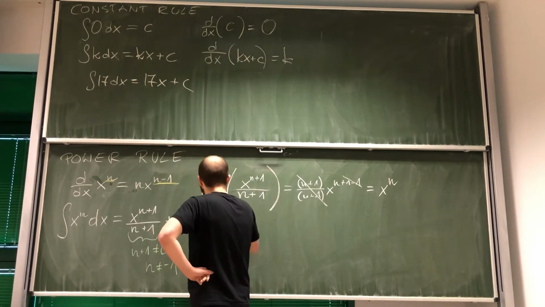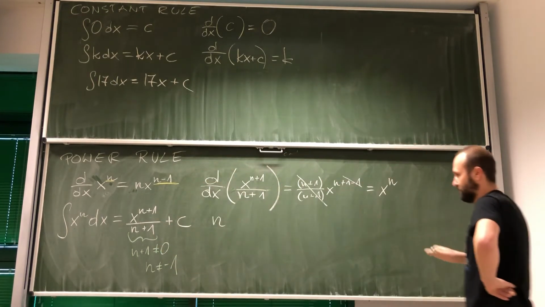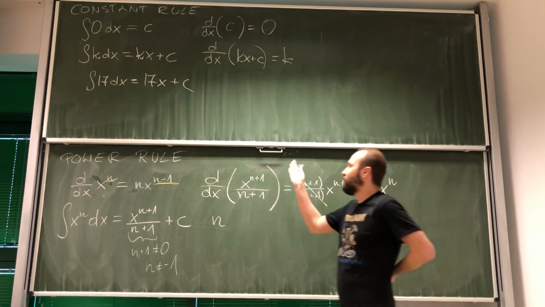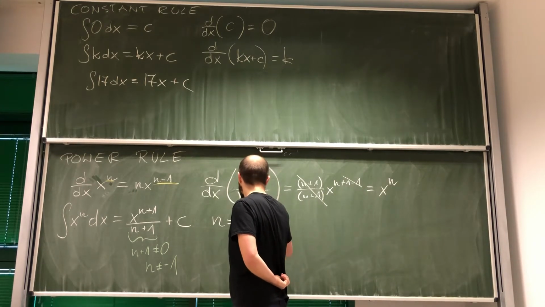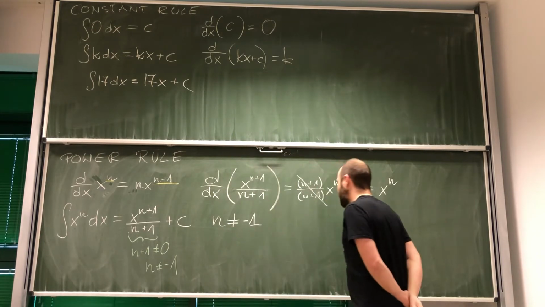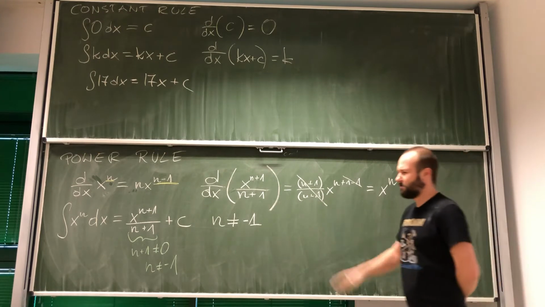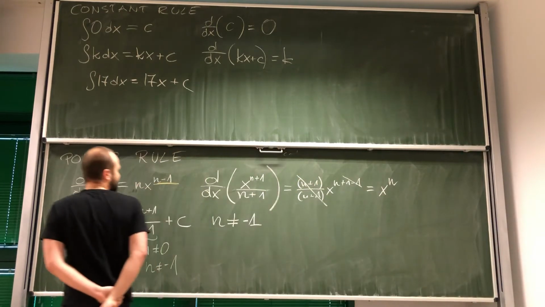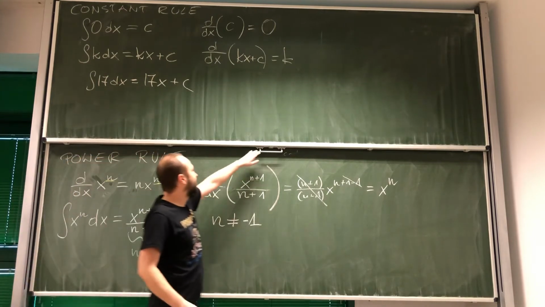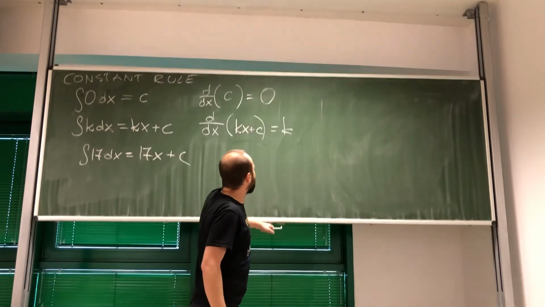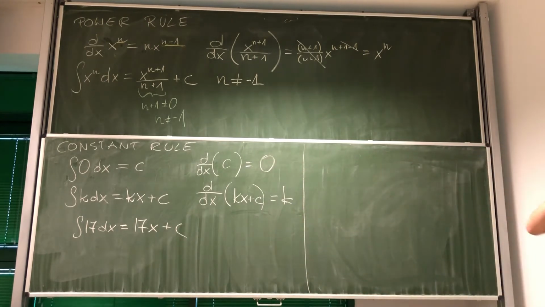So remember, we can use this rule anytime we want, when we have power function, unless n is equal to -1. And once we get to the logarithmic rule, it will become self-explanatory why we need to have it like this. Okay, so look, now let's do a couple of examples on integration so we get a better hang of it.